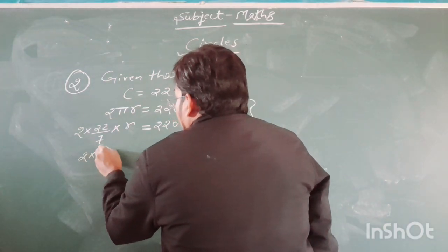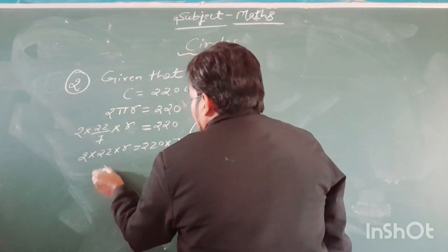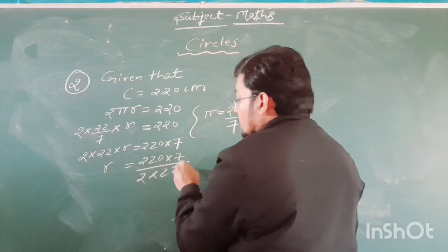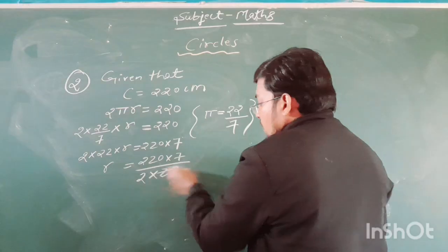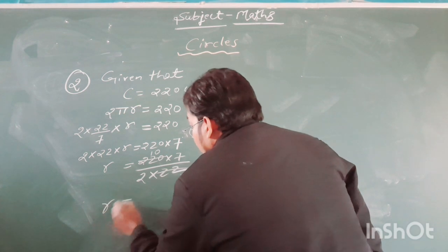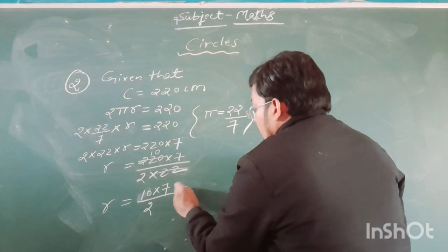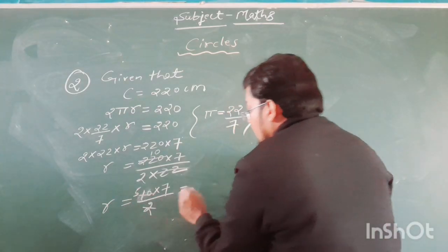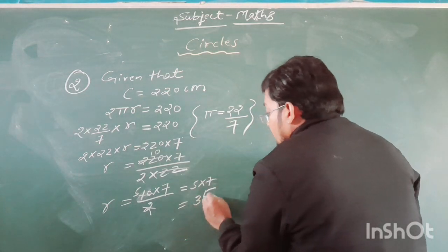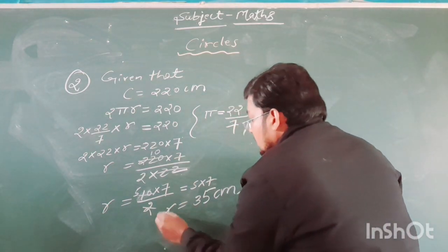So 2 into 22 into r is equal to 220 into 7, and r is equal to 220 into 7 upon 2 into 22. 22 tens are 220, so we get 10 into 7 upon 2. 2 fives are 10, so we get 5 into 7, which is 35 centimeter, and 35 centimeter is the radius of the circle.